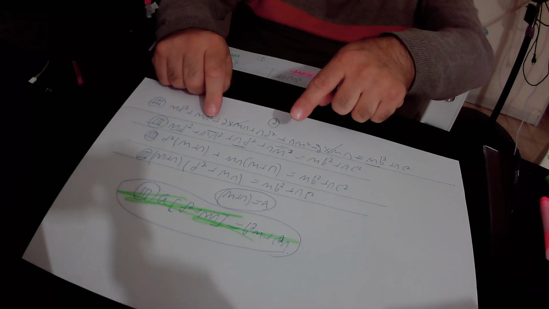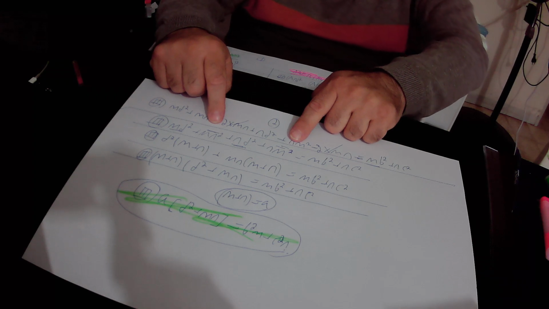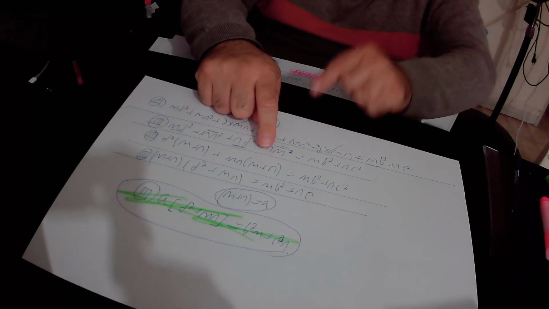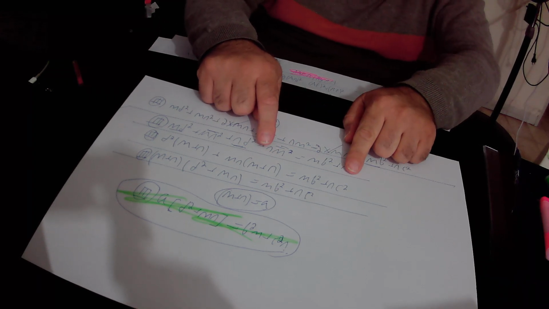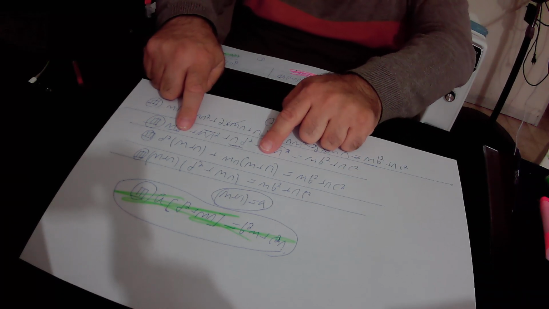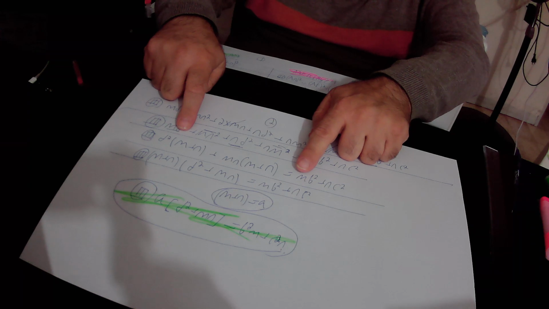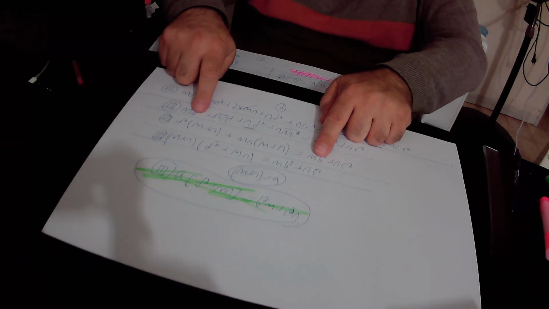Then we took out nm as a common factor from the other two expressions, so inside the brackets we are left with m plus n. Then we took out m plus n as a common factor, so inside the brackets we are left with d squared plus mn, and it is equal to mb squared plus nc squared.